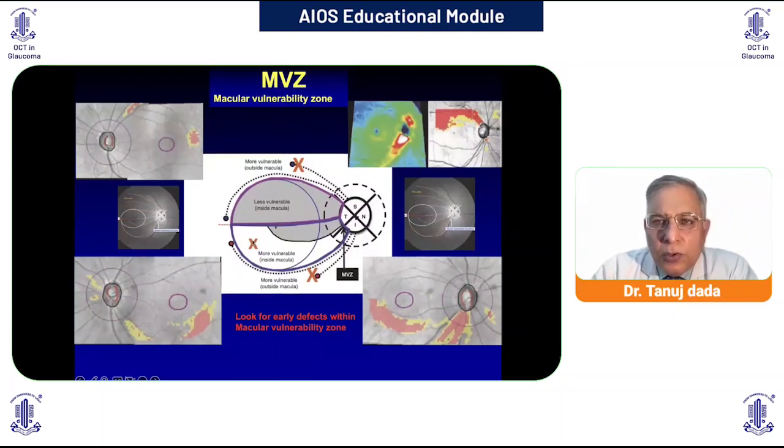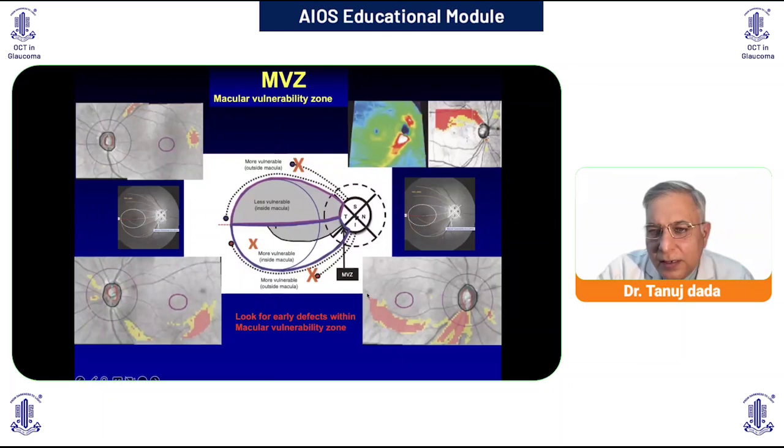So anytime you're looking for defects in the ganglion cell, macula, or the retinal nerve fiber, focus on this inferior temporal aspect, right from the macula to the inferior temporal part of the optic disc. And here you can see there is an RNFL defect here, and you can see the inferior part of the macula in this zone, there is a ganglion cell defect.